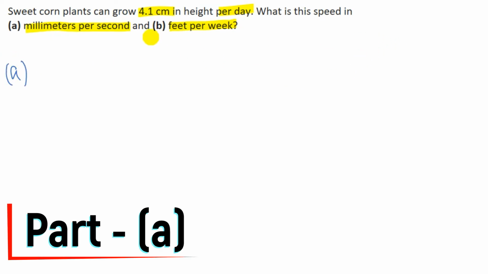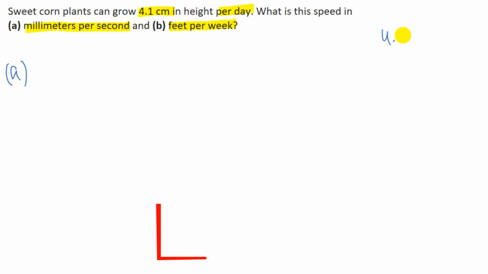Now the speed that we are given in the question is 4.1 centimeter per day. Now we have to convert it into millimeter per second. So first let me write the unit. This is 4.1 centimeter per day.